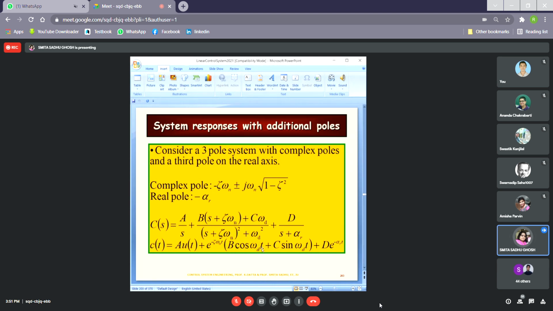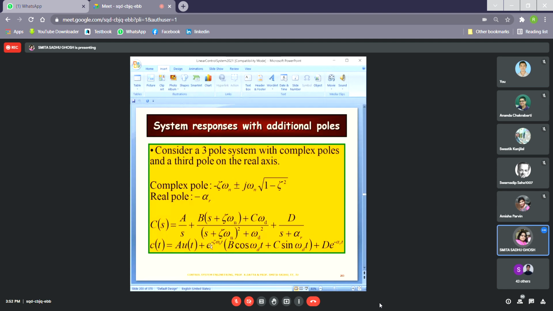From the time response expression, can you say what will happen if the real part over here becomes much larger compared to minus alpha? Sinusoidal part will be negligible. Yes, the envelope of the sinusoid will decay very fast.